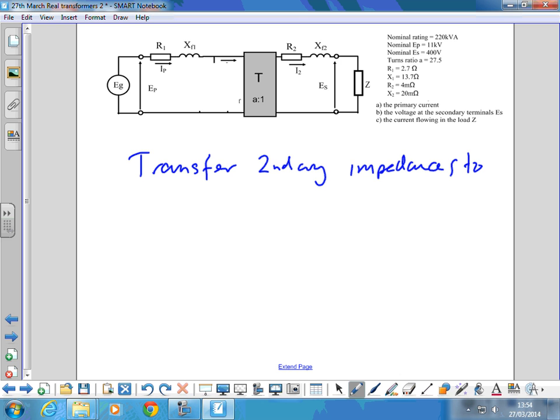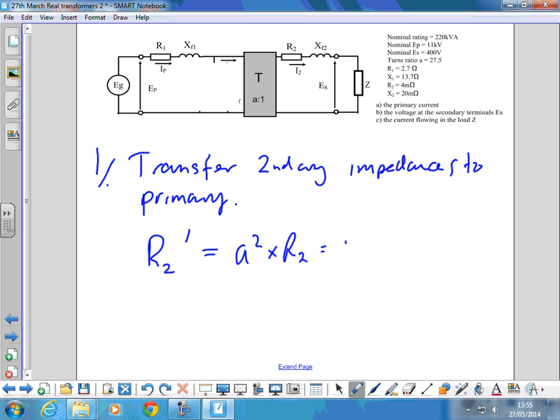First step, transfer all the secondary impedances to the primary side. The other week we were calling them something like R2 dash. So what is R2 dash? How do we calculate that? A squared times R2.